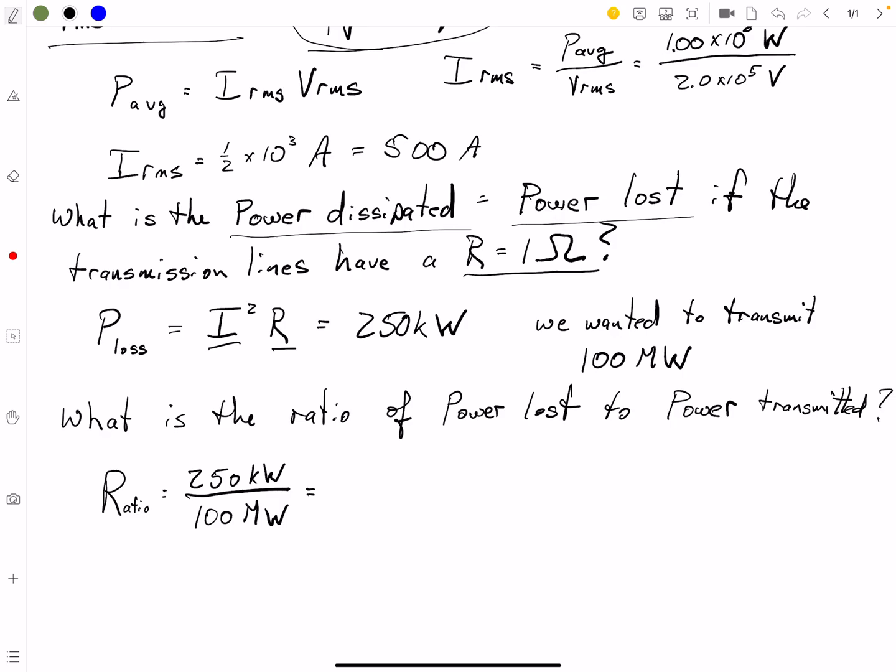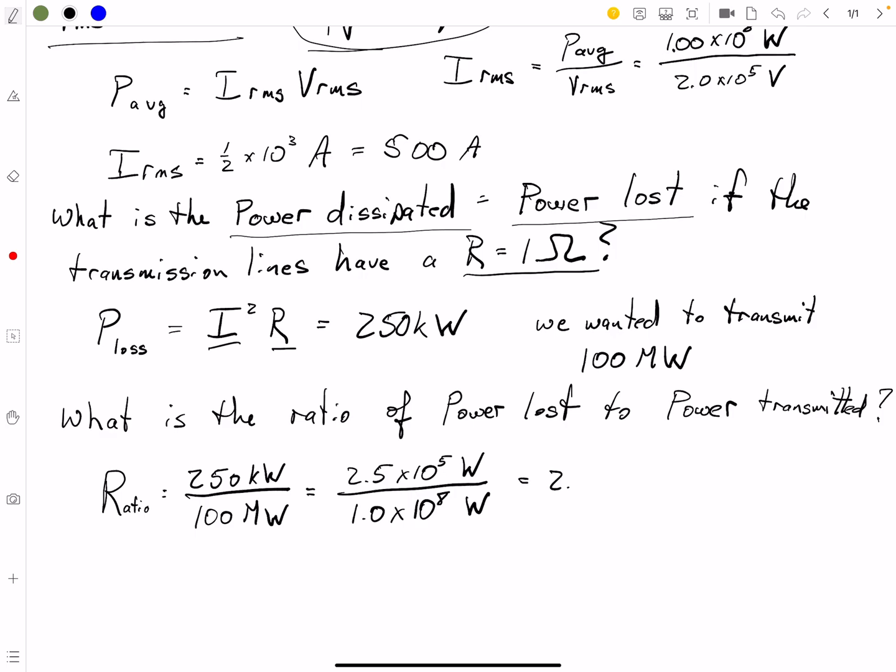And the best thing to do at this point is to just write it out. So 2.5 times 10 to the 5 watts over 1.0 times 10 to the 8 watts.